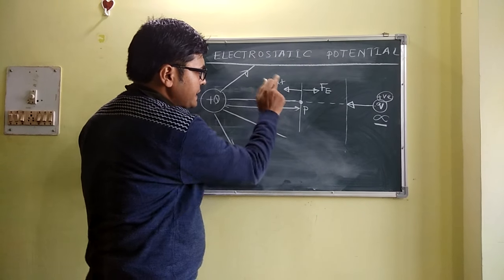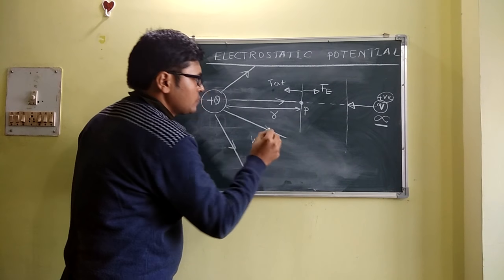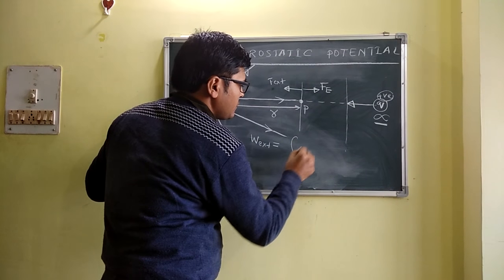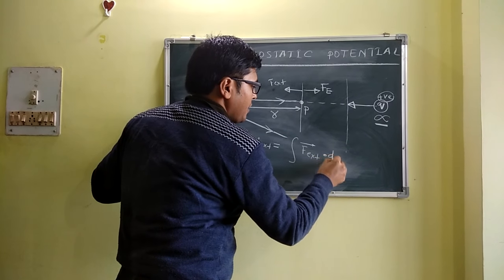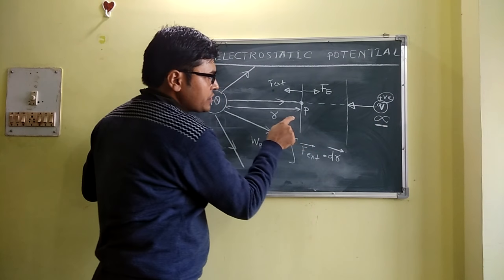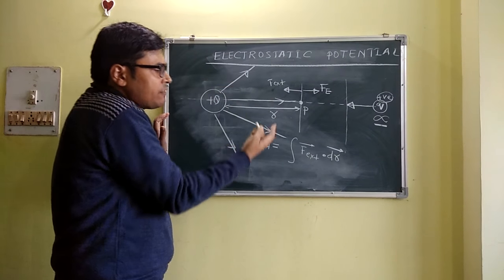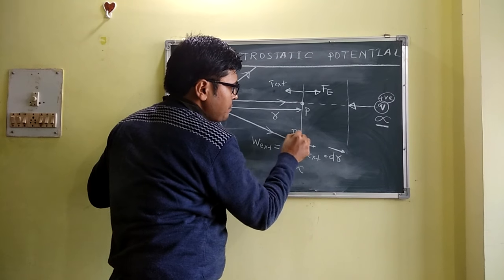work done by this external force would be equal to the integral of F external dot dr, and as we are moving from infinity to a certain point in this electrostatic field, we write it from infinity to some point P, right?